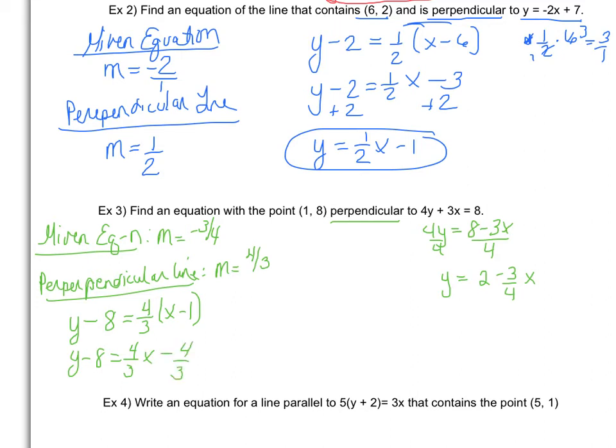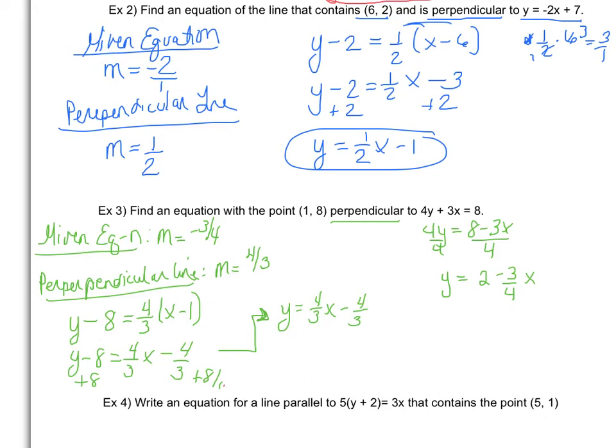From here, I still have to get y by itself, so I'm going to go ahead and add 8 to both sides, which is the same thing as adding 8 over 1, and I've kind of run out of room underneath it, so I'm going to break my own rules here and drag my work over to the side. If I want to add fractions, I know that in order to add a negative 4/3 to an 8 over 1, I'm going to have to get a common denominator.